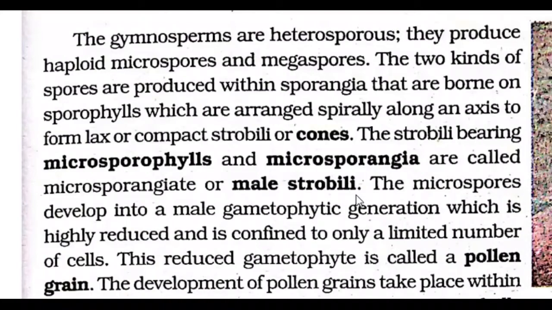The microspores develop into a male gametophytic generation which is highly reduced and is confined to only a limited number of cells. Once again, this reduced gametophyte is called a pollen grain.